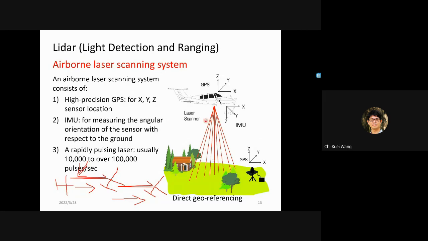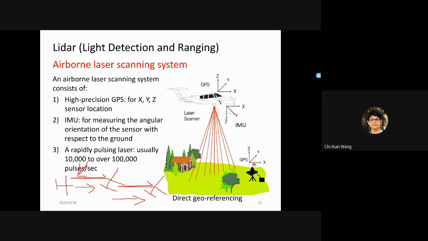The reading of the GPS by default is WGS84. I think for each of your countries, you have a local coordinate system. That will become a big problem if you want to bring the WGS84 to your local coordinate system.